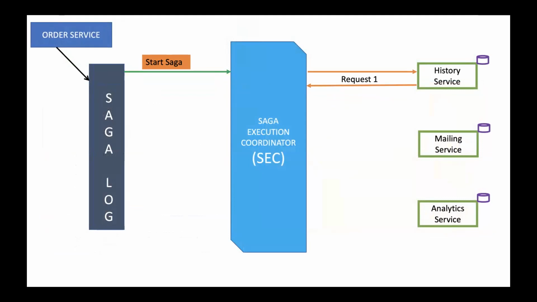History will do its job, and the purple color you see is nothing but a database. It processes the request and sends the response back to the Saga execution coordinator saying that I am done. Then it goes back to the Saga logs and writes the logs because the transaction was successful.